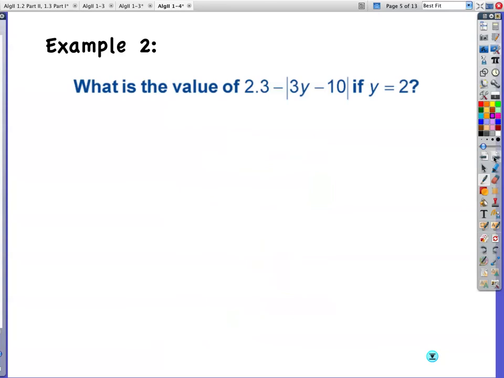Okay, moving along. Example 2, kind of the same type of problem. 2.3 minus absolute value of 3 times y. Notice how when I substitute in, I put it in parentheses, and that also means multiplication. All right, now we have 2.3 minus the absolute value of 6 minus 10.